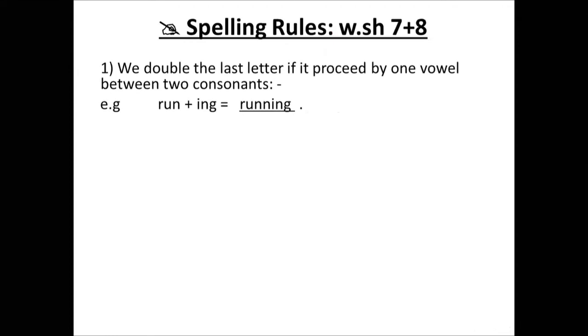Number one, we double the last letter if it is preceded by one vowel between two consonants. طبعا القاعدة الرئيسية إنه one vowel between two consonants، يعني one vowel قبل الأخير. كمان it's important to be between two consonants. In this case we double the letter N. And also for swimming we double the letter M because we have I before the last consonant.